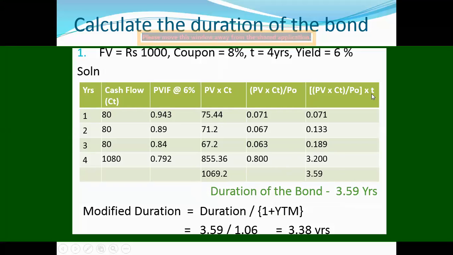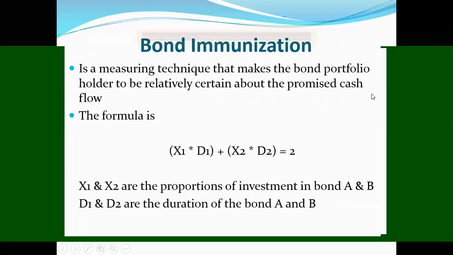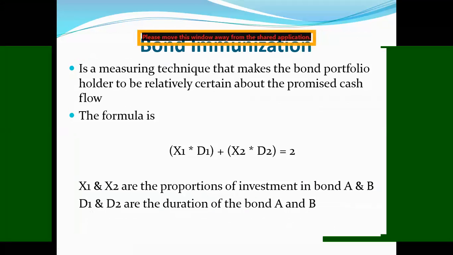The next part that we have to understand is something called immunization. This is called bond immunization. Immunization means to make sure that come what may, you will not have a loss if you make an investment in the bond because of changes in interest rate. I repeat, bond immunization means when you have a certain sum of money and you have invested this sum into two different bonds, and over a period of time, the rate of interest on these bonds changes.